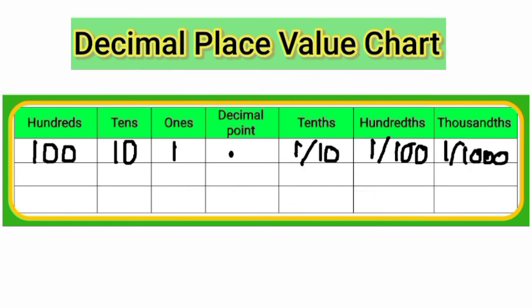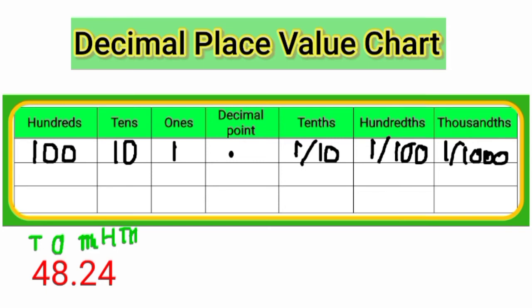Students, if you want to represent 48.24 in this place value chart, how will you represent it? To put it in the place value chart, firstly write the places of all the digits in this number. Before decimal there will be ones, tens. After decimal there will be tenths, then hundredths, right?